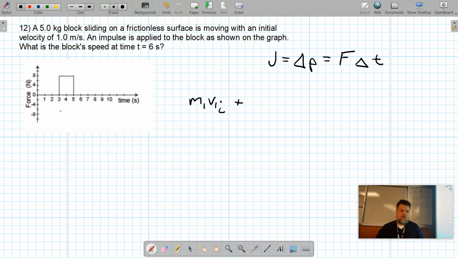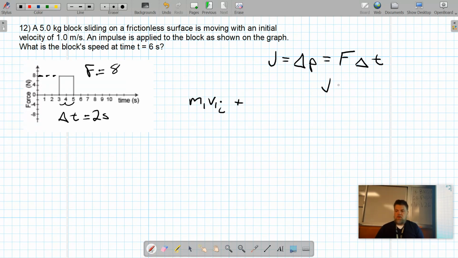It looks like our delta t goes from 3 to 5, so delta t is equal to 2 seconds. And then the force that's applied, if you look at it over here, this is the force, so your force is equal to 8.